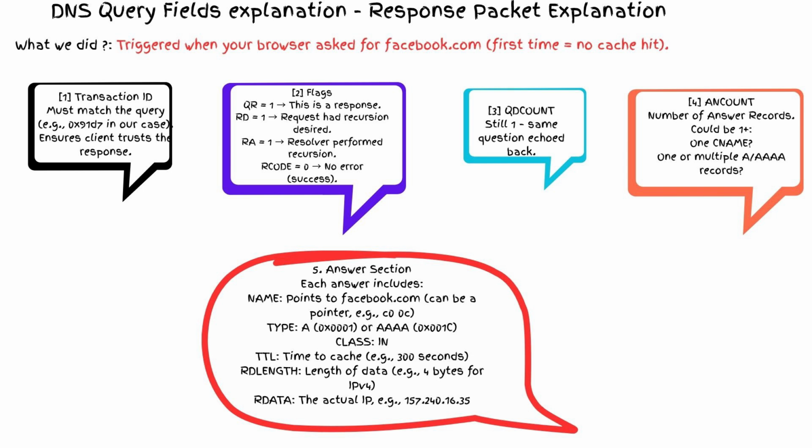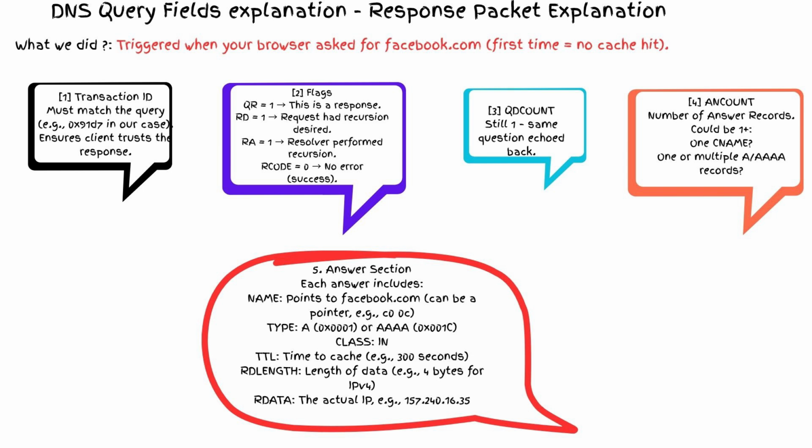In this case, we see facebook.com, type A for IPv4, and then crucially, the actual data field containing the IP address, for example 31.13.78.35. Along with that we have time to live, which indicates how long your computer can cache this answer before needing to ask again.